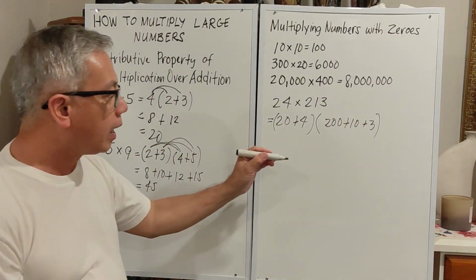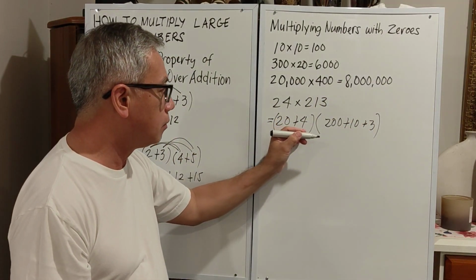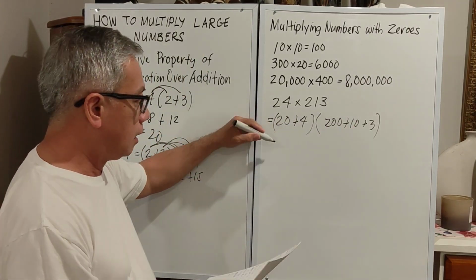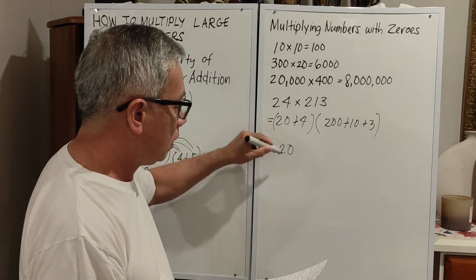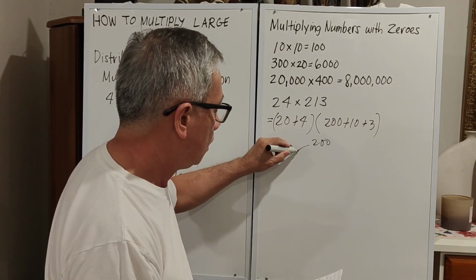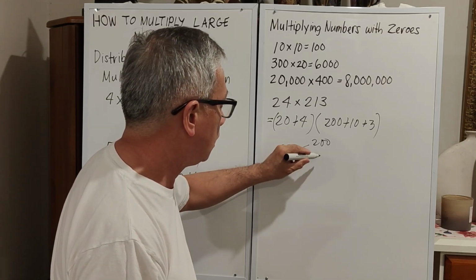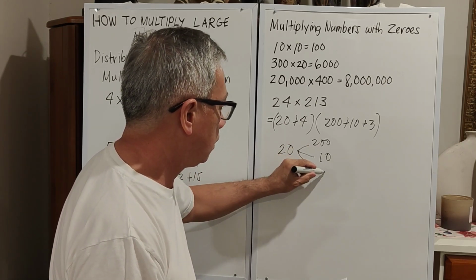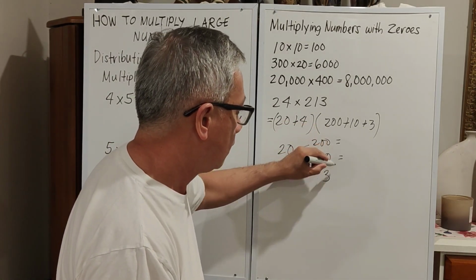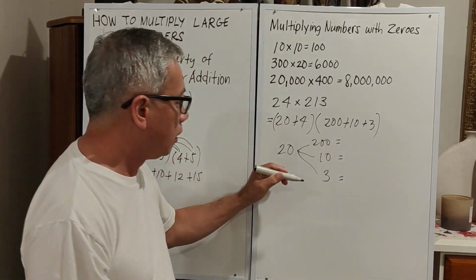And then we multiply each of these into each of these. So let's write it in here. 20 times 200 plus 20 times 10 and 20 times 3. So we use this method.